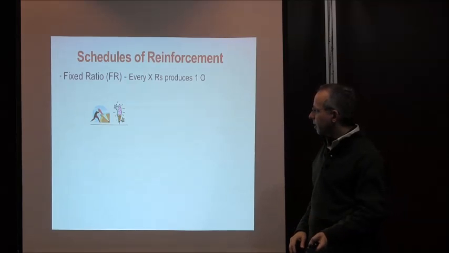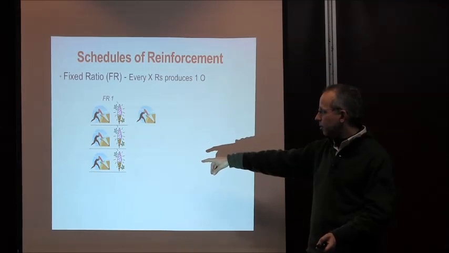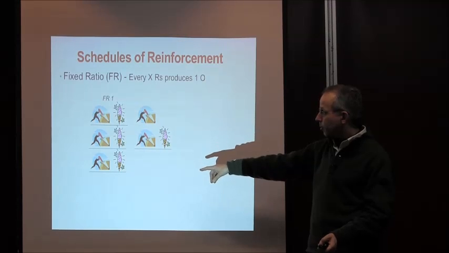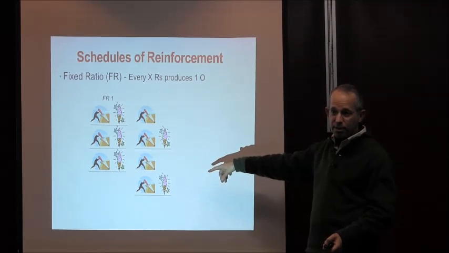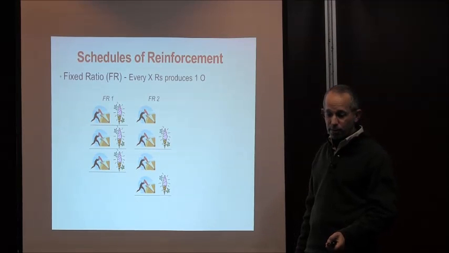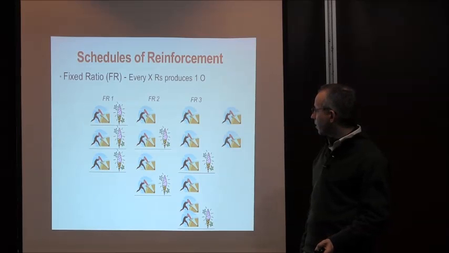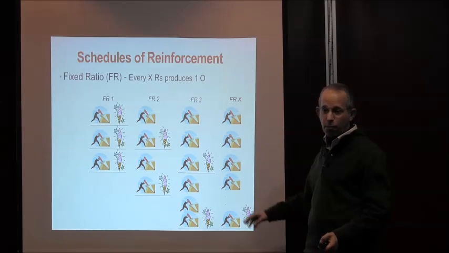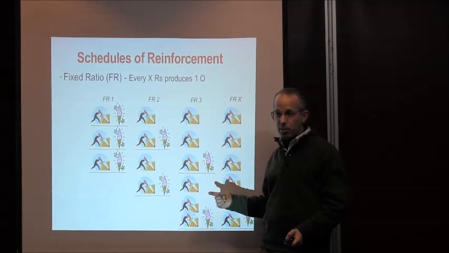So here we see fixed ratio of 1. Here, every other time I press the lever, I get an ice cream cone. That's fixed ratio of 2. Here, fixed ratio of 3, and so on and so forth. Okay? So it just really tells you how many responses you have to make to get a reward.